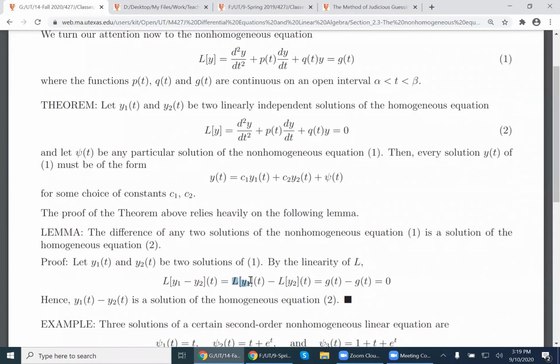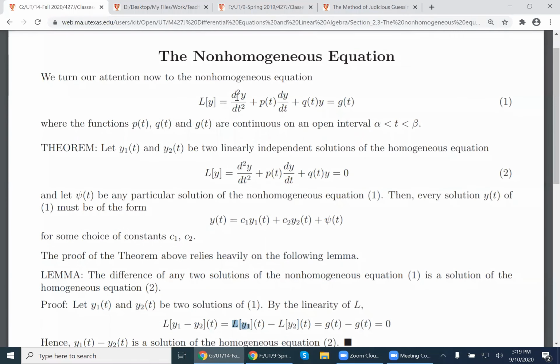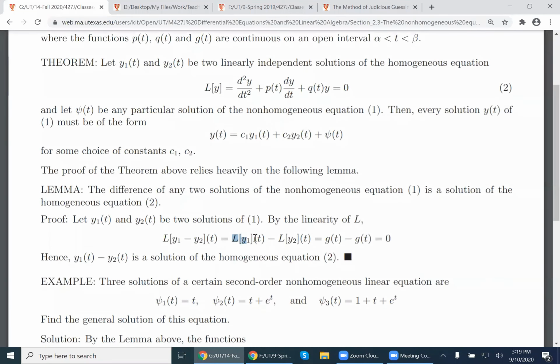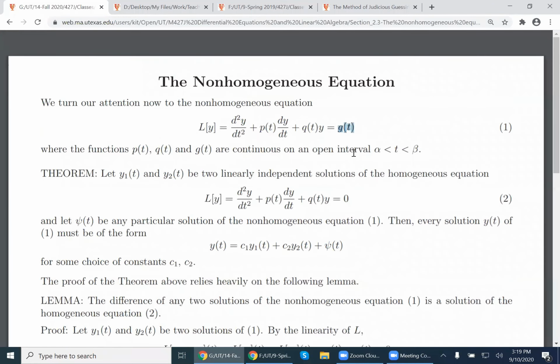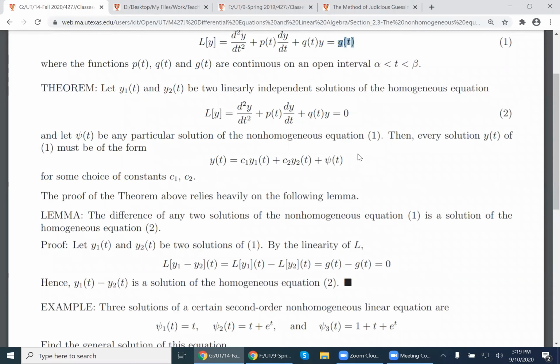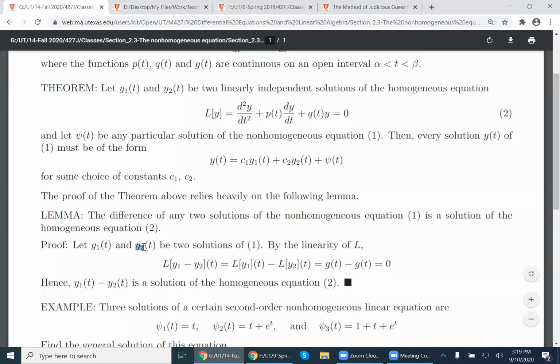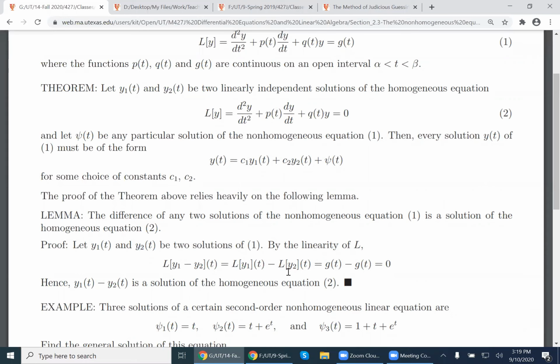So L of y1 is this when we replace y by y1. After all simplifications, it is equal to g of t, the right-hand side, correct? Since y2 is a solution, L of y2 is also g of t. Done? Yeah, I just noticed above that. That's why it says g of t there.